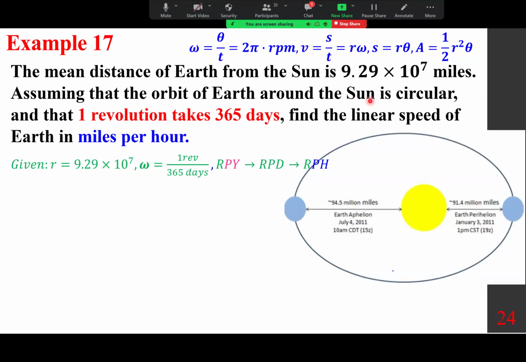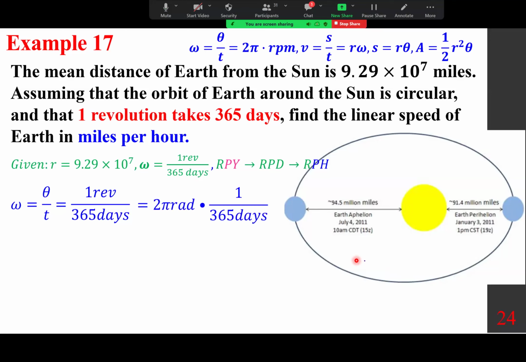A complete revolution. 1 revolution per 365 days. A complete revolution around the sun is 2 pi radians. It doesn't matter if the circle is big or small. A complete revolution is 2 pi radians.